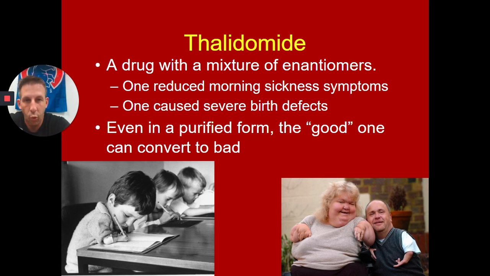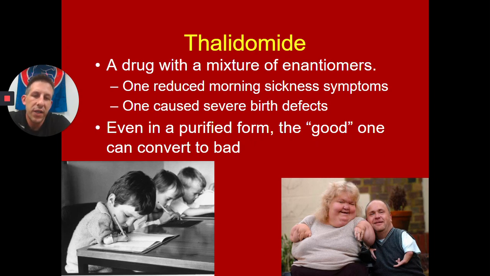One of the enantiomers of thalidomide was given to people to reduce morning sickness, and it worked. People got thalidomide, and their morning sickness when being pregnant went away. It's like, oh my gosh, this miracle drug.